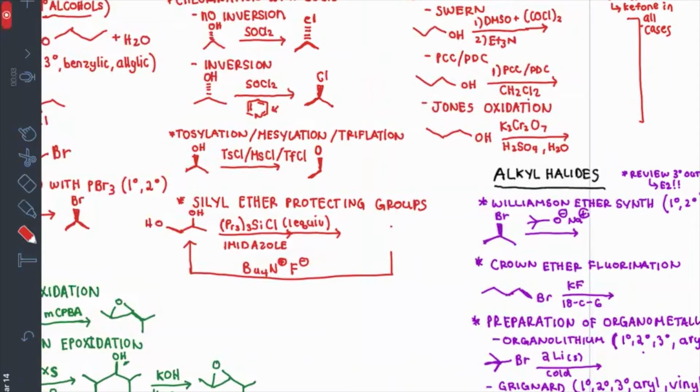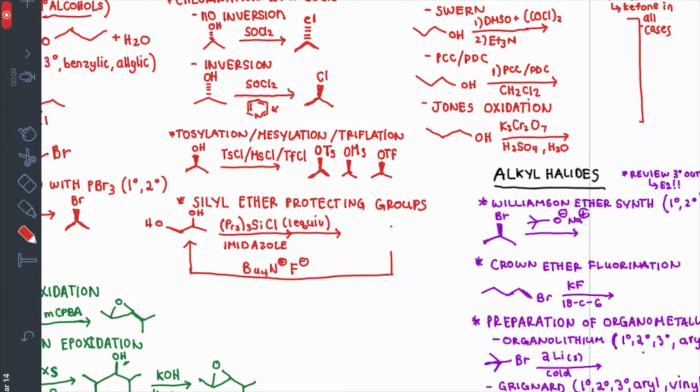So the O stays, it's just the H that's replaced. And we put Ts for the tosylate, we put OMs for our mesylate, and we put OTf for our triflate. Okay, and remember that stereochem is maintained.